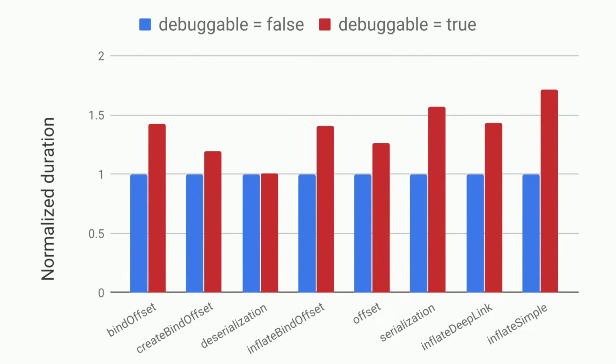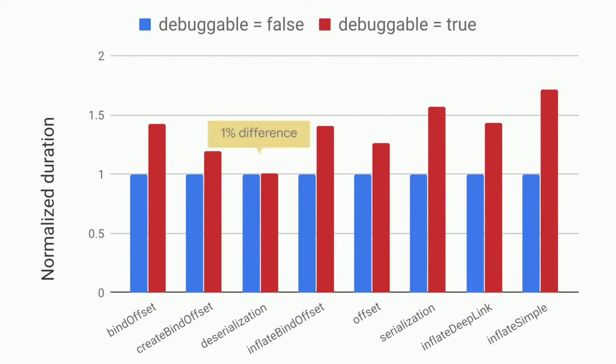Let's take a look at an example. Here are some benchmarks that we have in AOSP that we use in the Jetpack team. And along the x-axis, you'll see several different types of benchmarks that we do. And along the y-axis is normalized duration, how long the benchmark took to run. Blue is with debuggable false, and red is with debuggable on. And we've normalized each benchmark by benchmark, not across the board.